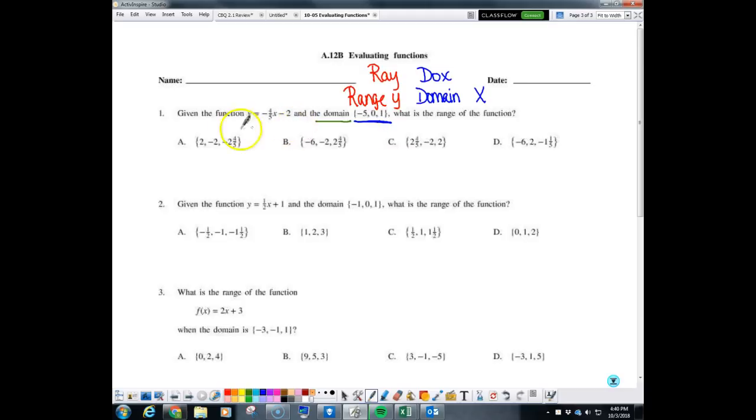So you have your function, y equals, and just to make it look prettier, I'm going to write it as a function, f of x equals negative 4/5 x minus 2. Let me fix that.